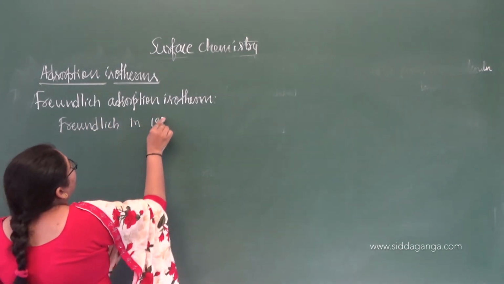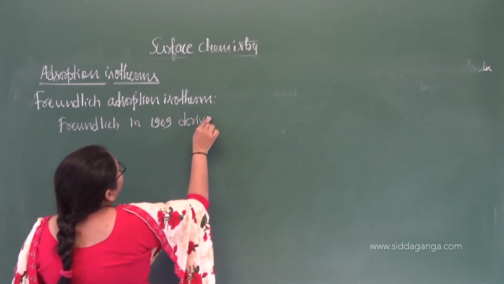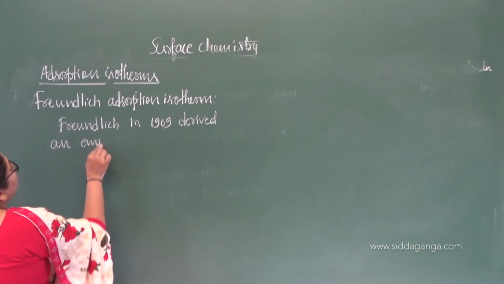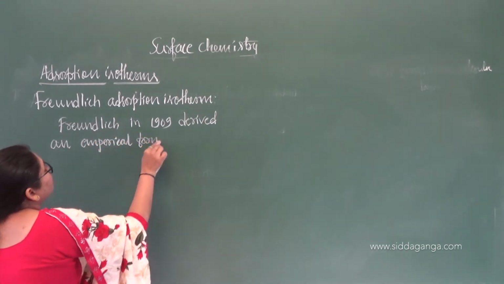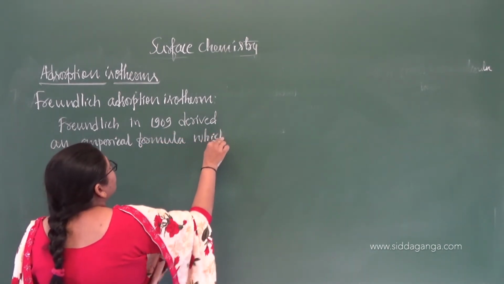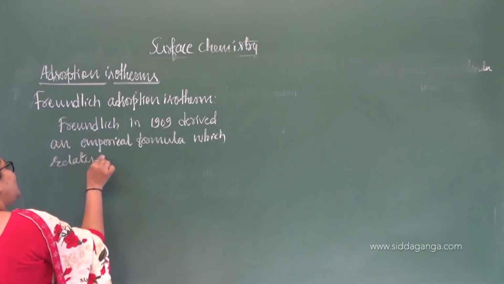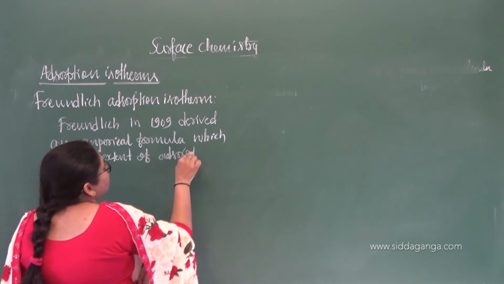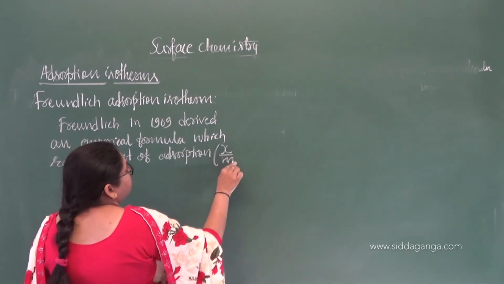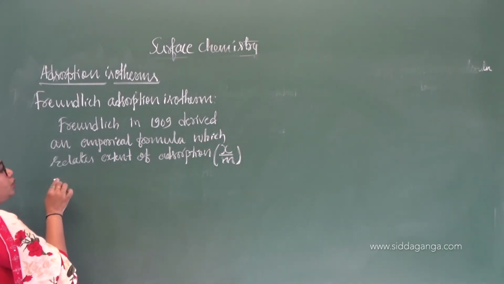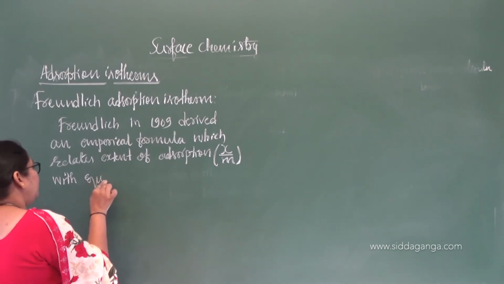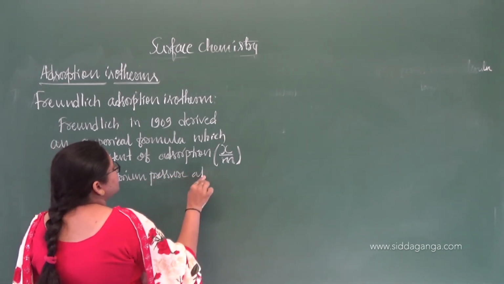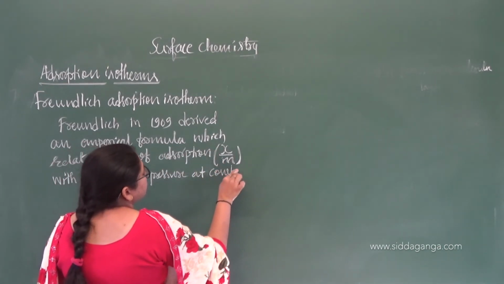In 1909 he derived an empirical formula which relates the extent of adsorption, which is very important, that we are going to represent as x by m, with equilibrium pressure at constant temperature.